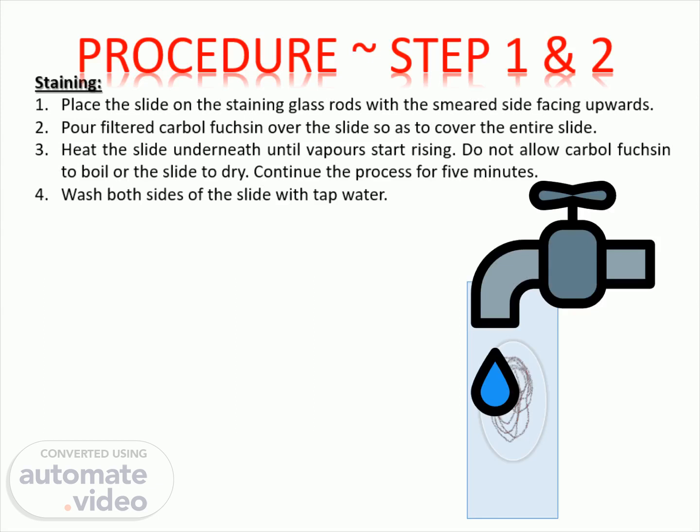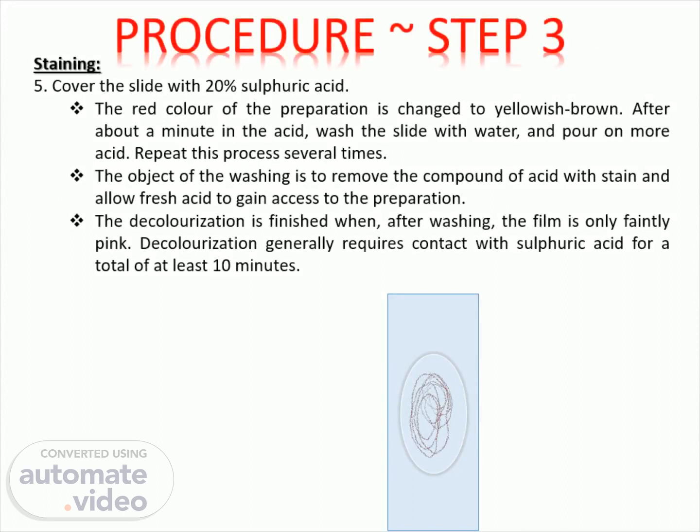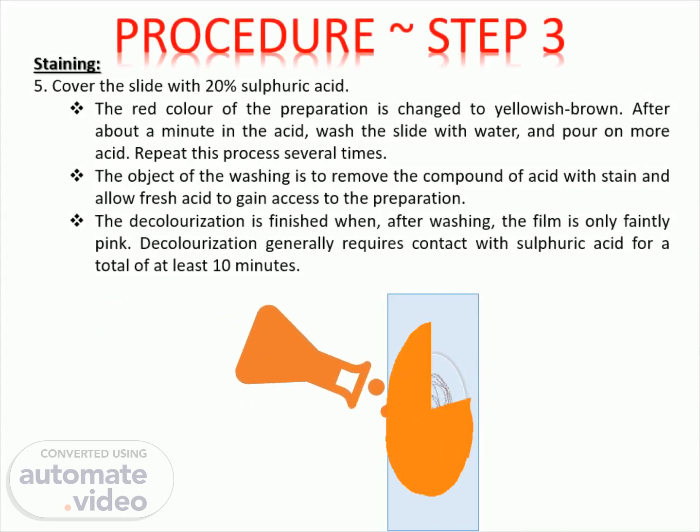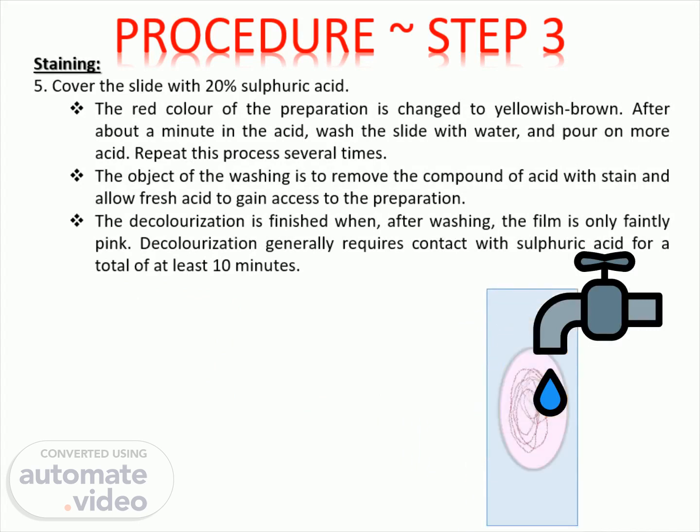Wash both sides of the slide with tap water. Step 3: cover the slide with 20% sulfuric acid. The red color of the preparation changes to yellowish brown. After about a minute in the acid, wash the slide with water, and pour on more acid.